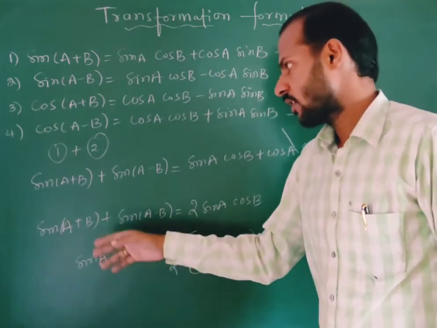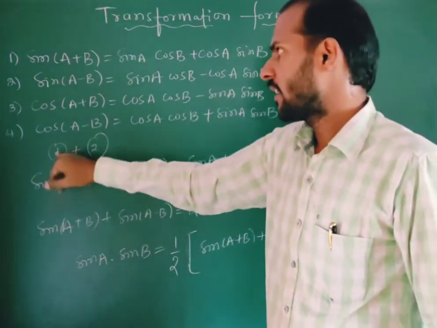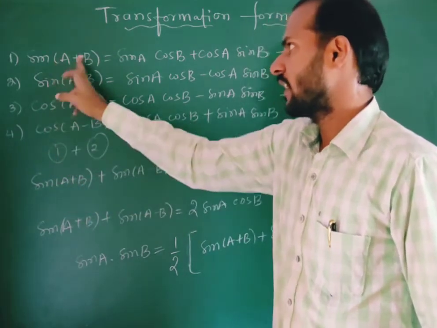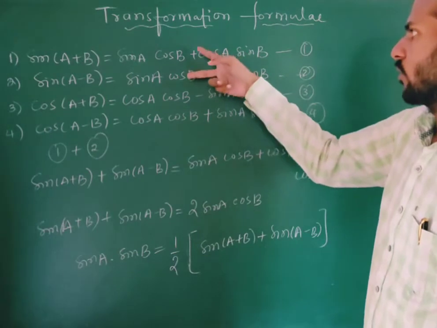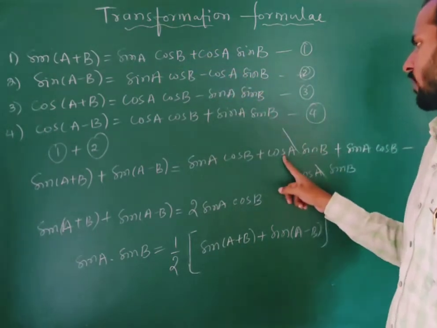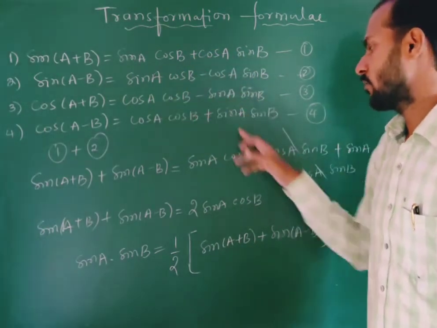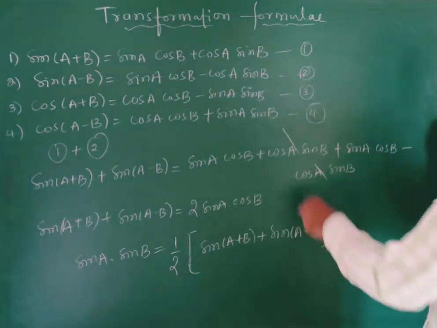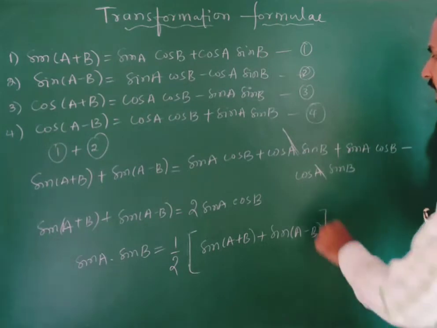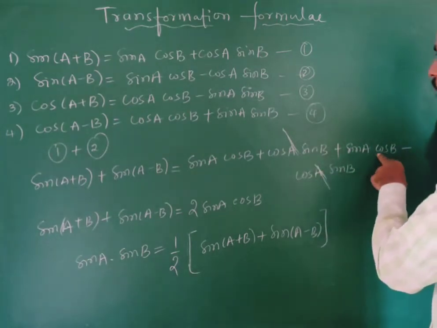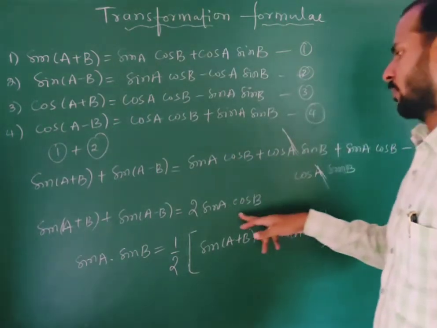In the first formula, what we have done? Adding equation 1 and equation 2, that is sin(A+B) plus sin(A-B), and again on the RHS, sin A cos B plus cos A sin B plus sin A cos B minus cos A sin B. Here minus cos A sin B and plus cos A sin B get cancelled. Remaining sin A cos B, sin A cos B, 2 sin A cos B, right?